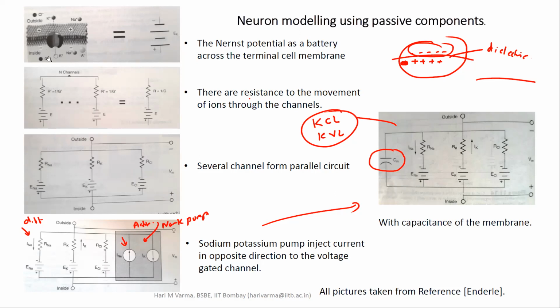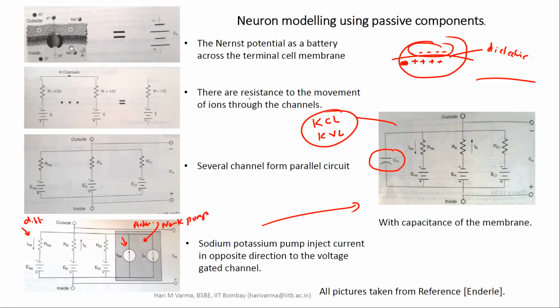Now, when the ions move across this gate, as I told you, there is a resistance offered by the channel depending on the molecular weight of the ion and the channel width. There is always a resistance. It's not a free pass, right? So there's a permeability, from which you can calculate the resistance. That resistance can go in series with this particular Nernst potential.